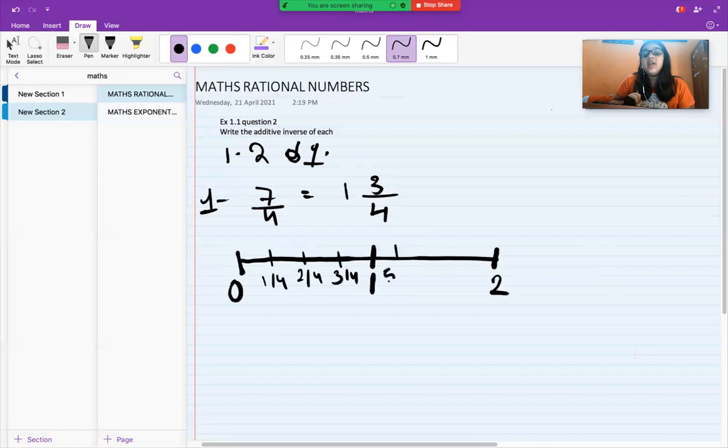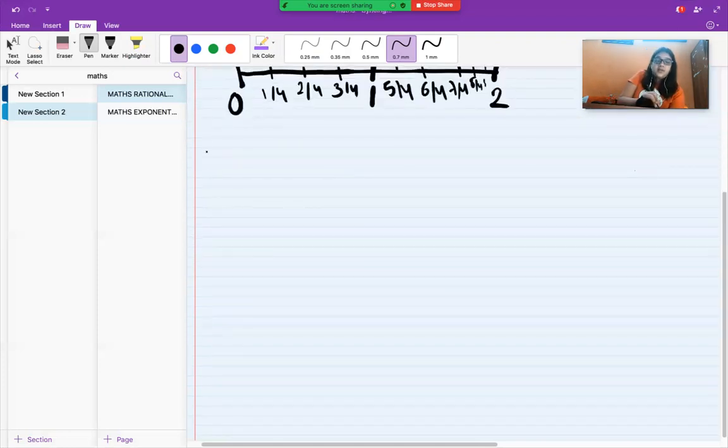Then 5 by 4, 6 by 4, 7 by 4, 8 by 4, 9 by 4, 10 by 4. It goes like that. Now we can find 7 by 4 at this point. 1 3 by 4 is equal to 7 by 4. Yeah, this is the answer. Now go to the second part.